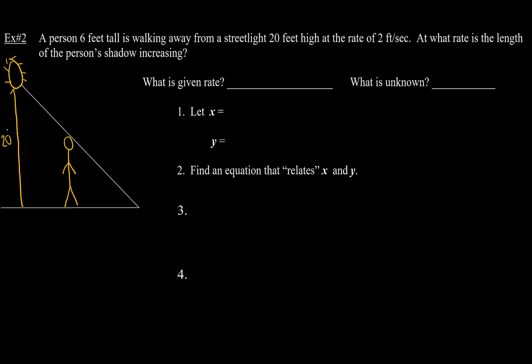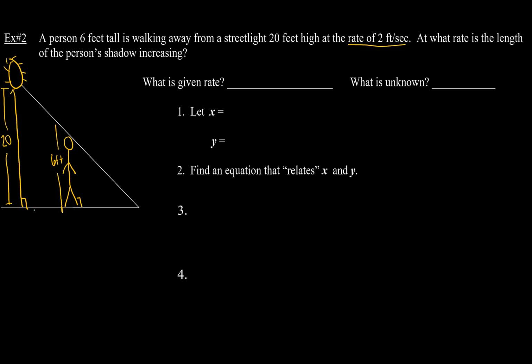So the street light is 20 feet and the person is 6 feet. We assume that they're both perpendicular to the ground. And this person is walking away from the street light at a rate of 2 feet per second.